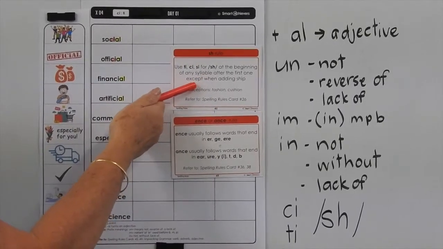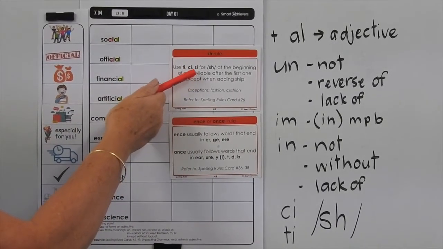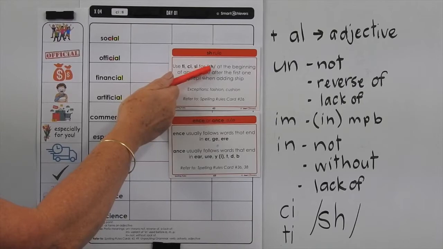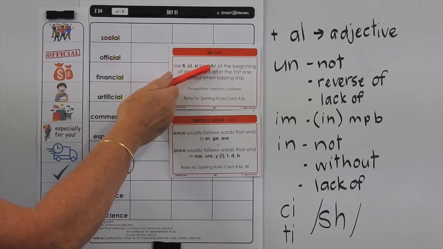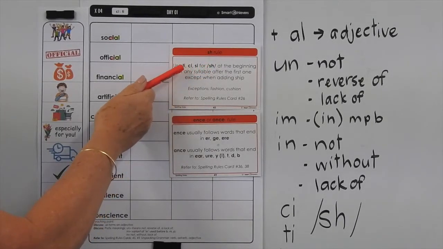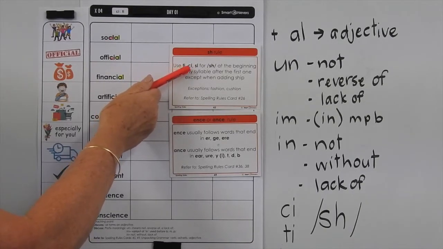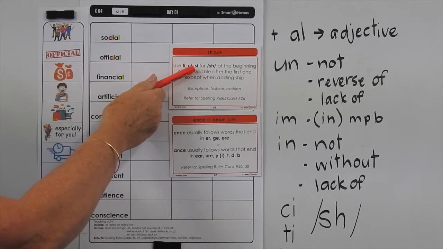So I've put up the spelling rule card for you. You know that we only use SH for the sh sound at the beginning or end of a short word. So if we want to use the sh sound in the middle of a word, we either use TI, CI or SI. We could use XI, but there's only 2 or 3 words with XI in them.